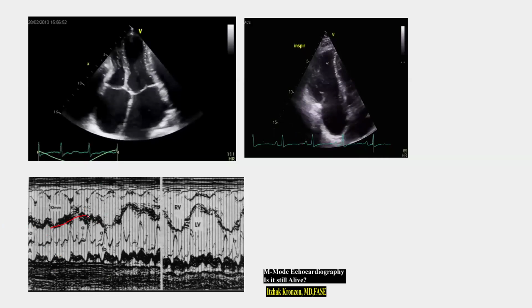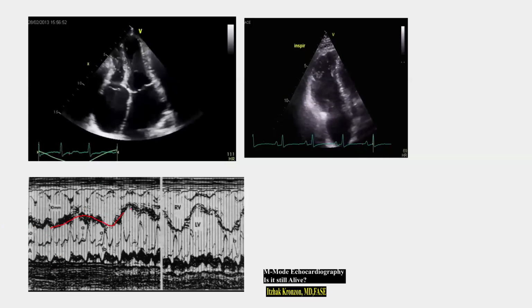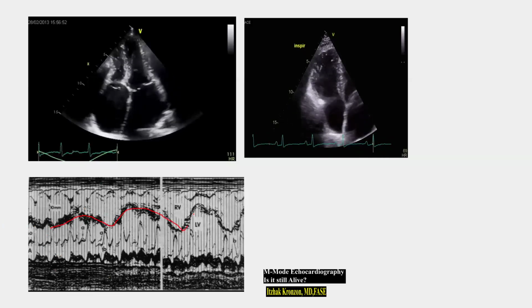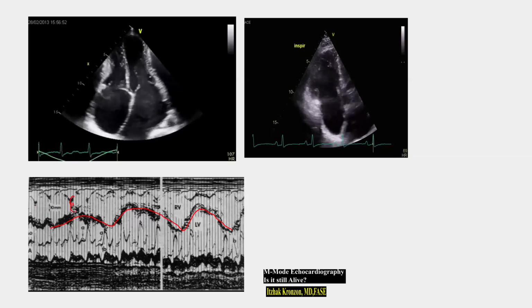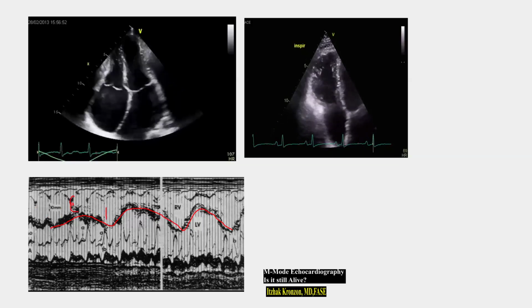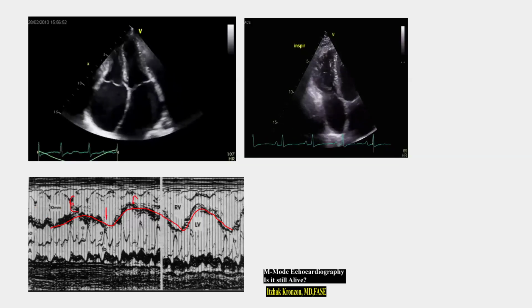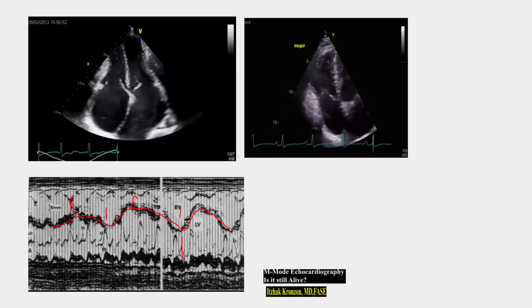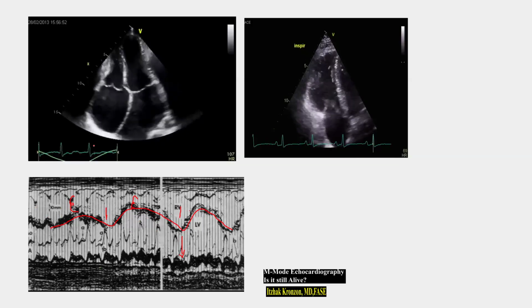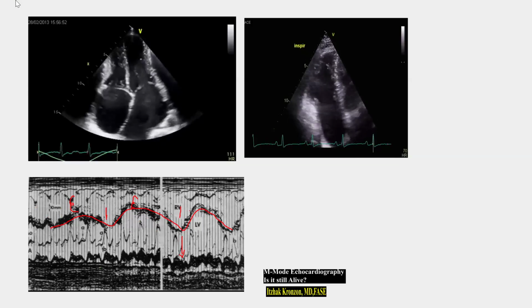It goes this way and then this way, then this way, and then this way. So here expiration, inspiration, expiration, inspiration. During inspiration, it goes to the left. During expiration, it goes to the right. This is septal bounce.